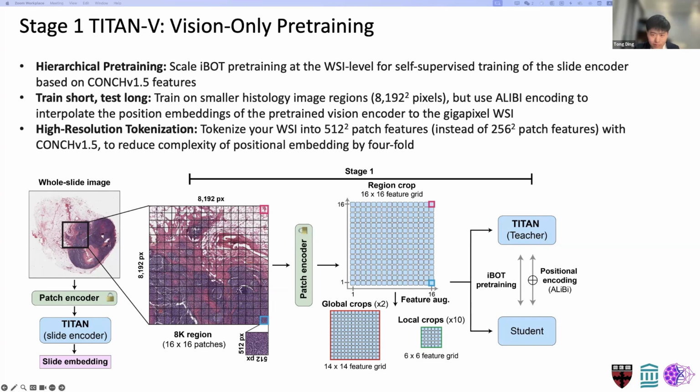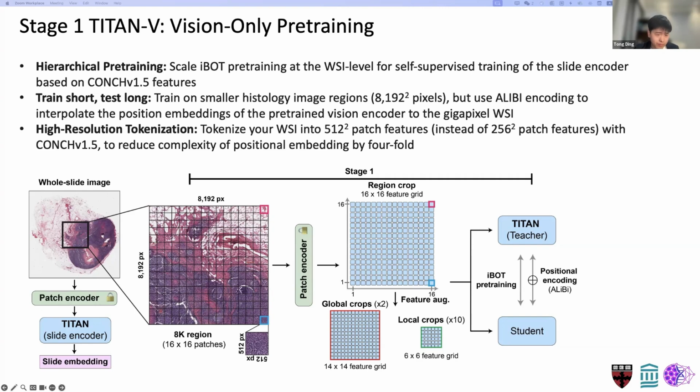And when training at slide level, we have a very limited sample size as compared to patch level model training, where people can easily do billion scale training. Also, the large image size makes it hard to model. So we propose several strategic ways to handle that.